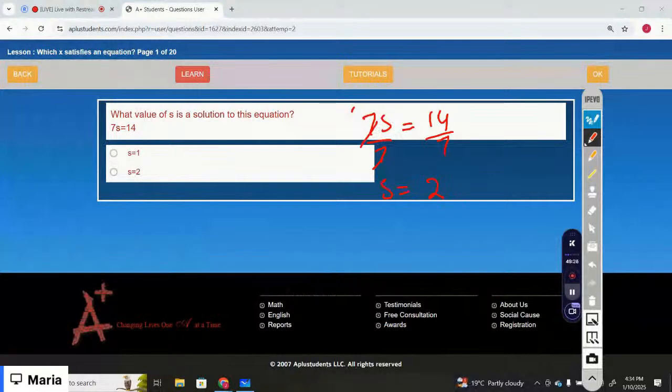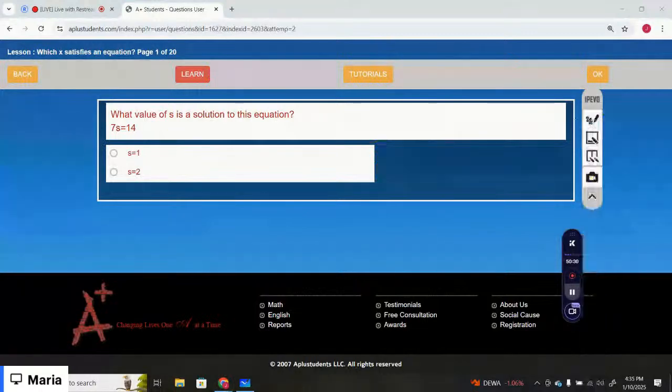So that is 2. Option number 2 is the correct option. That is s equals 2.